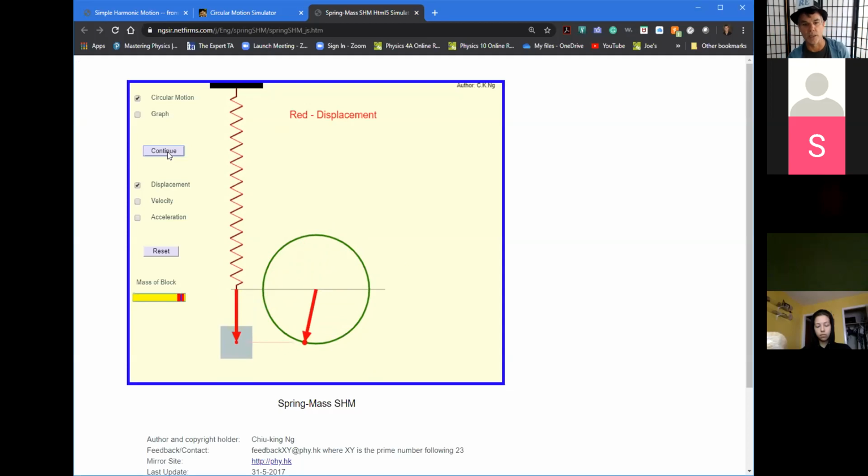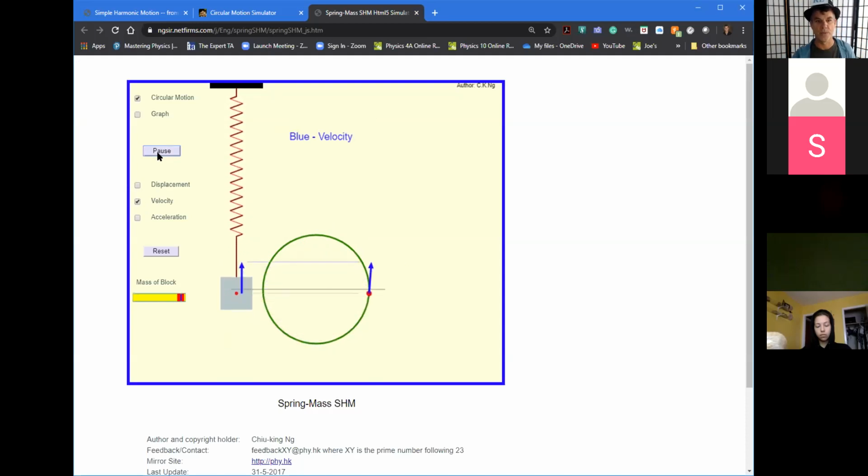Continuing with that analogy, when an object is moving in circular motion, the velocity is always tangent to the path. And if I look at the y component of this little blue vector as it's moving in a circular path, that will give me the velocity of this mass as it's oscillating up and down. So at the highest point, the mass is momentarily at rest for a split second.